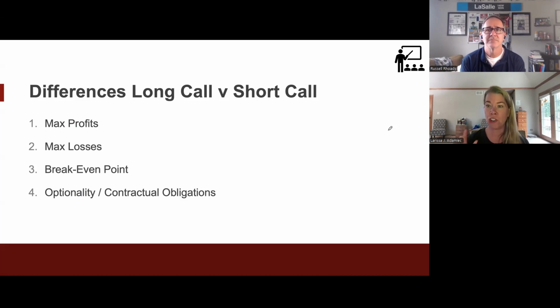Moneyness doesn't change if you're long or you're short, which can also be a little challenging to think about. And again, a difference is the ability to have that option versus a contractual obligation. That's very important when we think about the difference between long versus short.